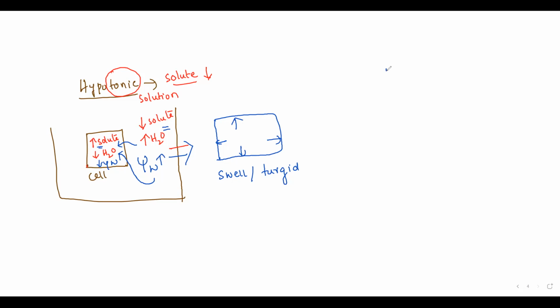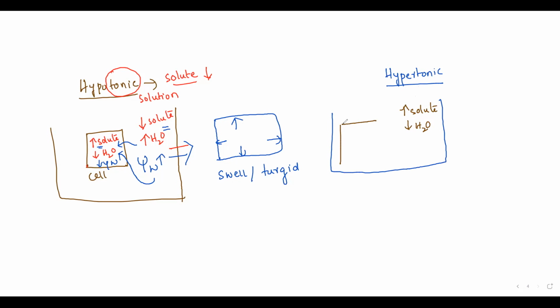Now, what happens if I place my cell in a hypertonic solution? Again, here also we can see that osmosis is going to run. So this is my hypertonic solution. How are we going to consider this? Hyper is more, tonic is solute. Solute is very high when compared to the water in the solution. Now let me take my cell here.